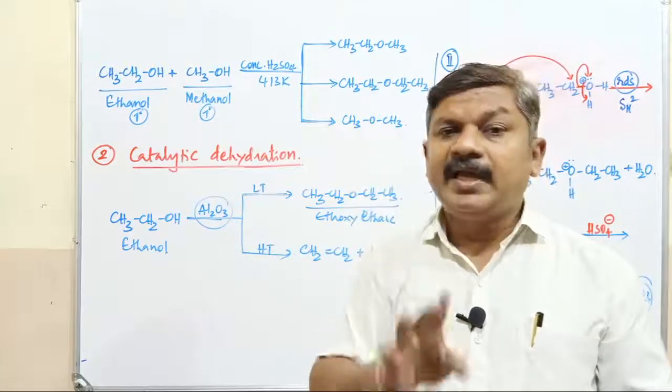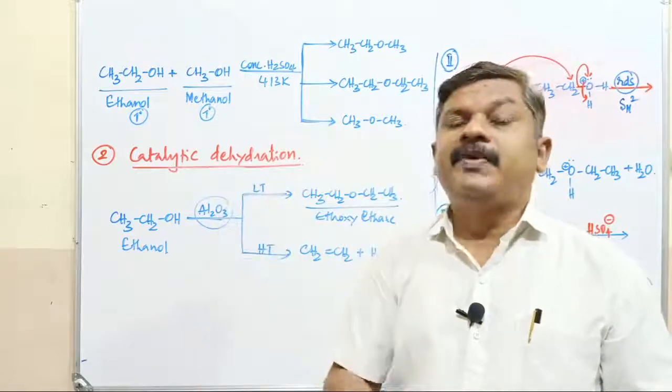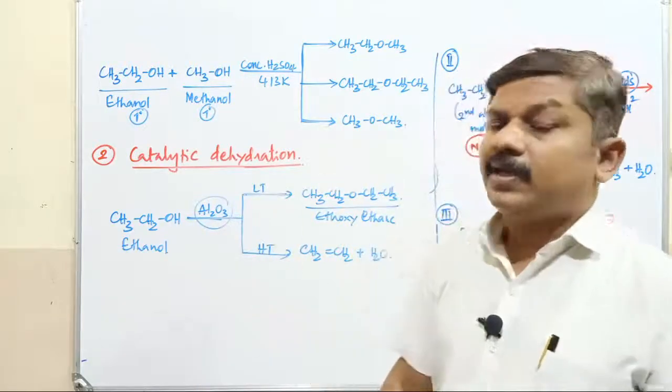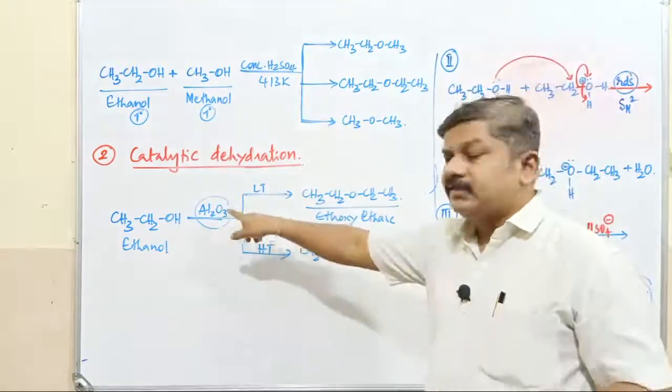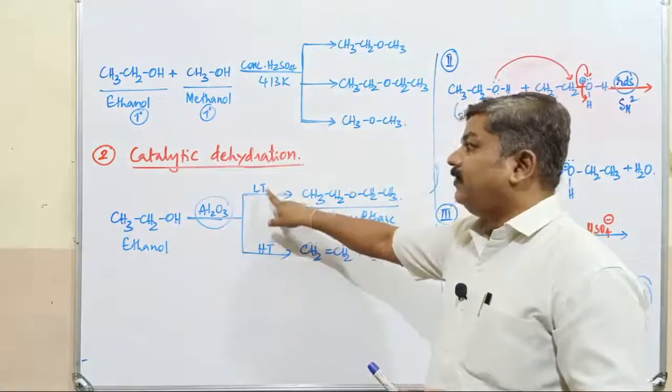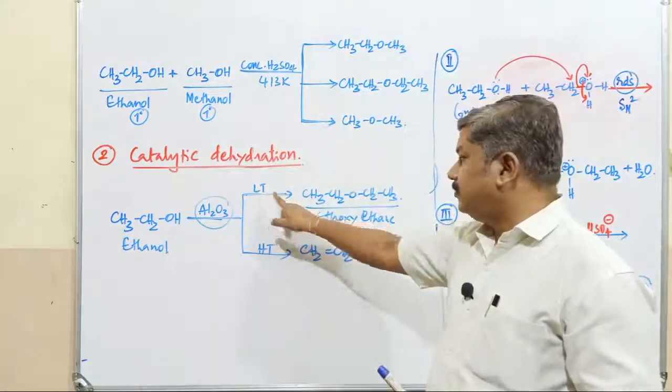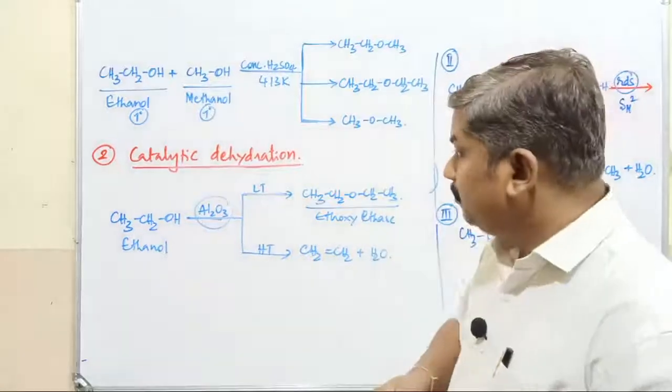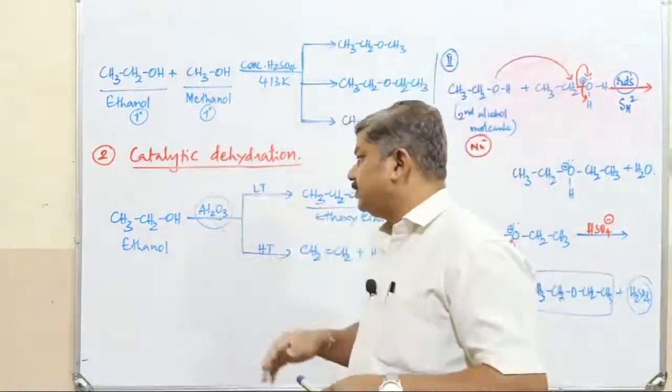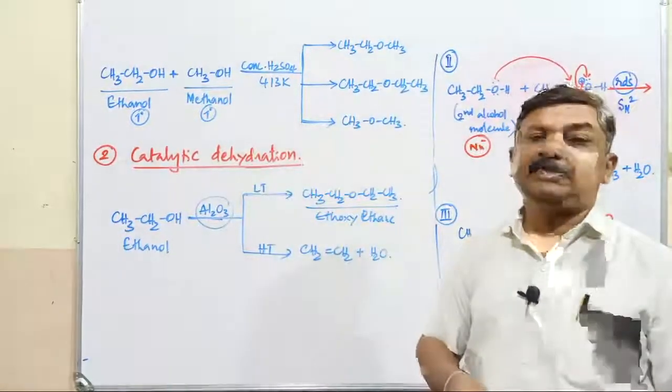If the temperature is very high, then an alkene is formed, whether it is Al2O3 or H2SO4. If the temperature is somewhat lower, an ether is formed. This reaction is called the catalytic dehydration reaction.